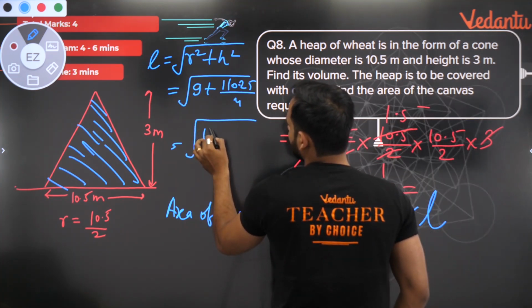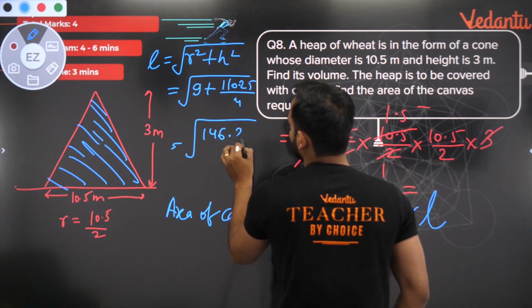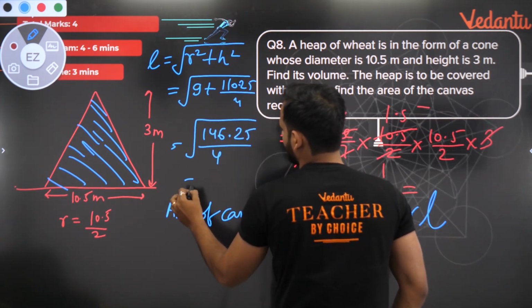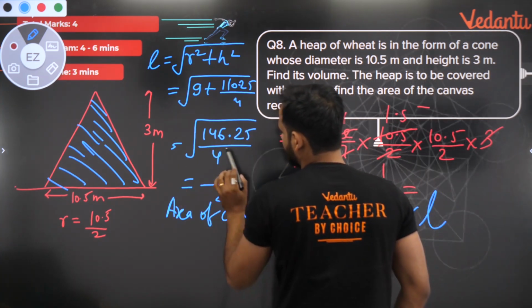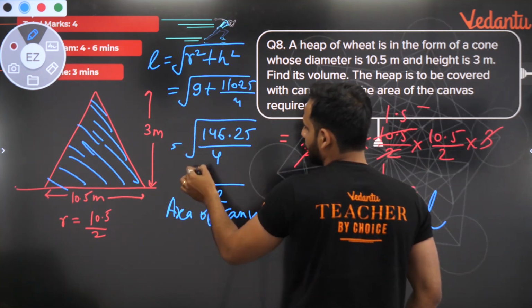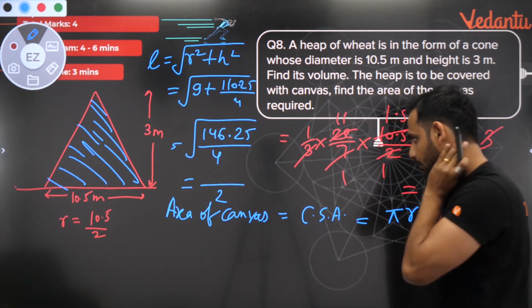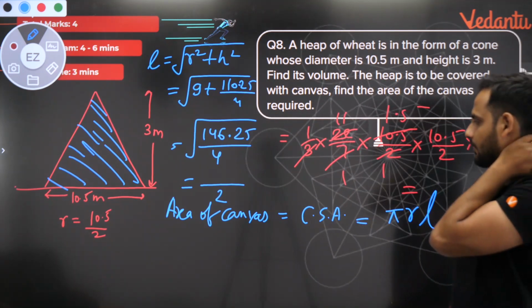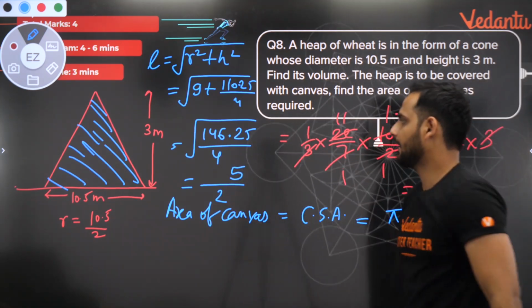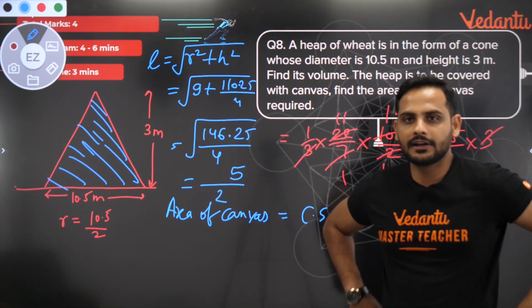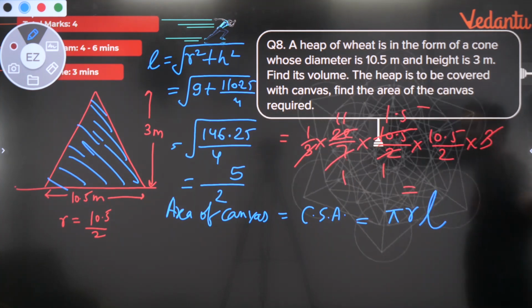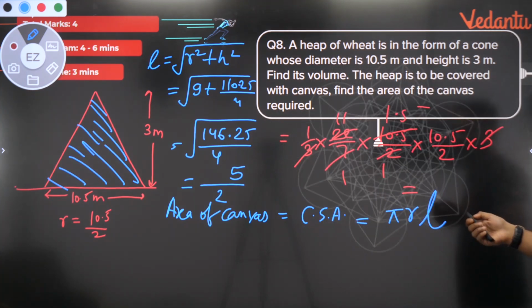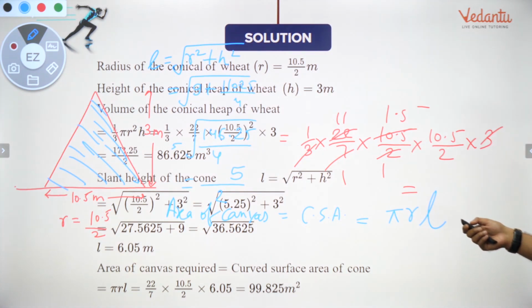So 146.25 by 4. So denominator will be 2. Under root of 146.25, are we getting a proper answer or is it in decimal? Okay, chalo.